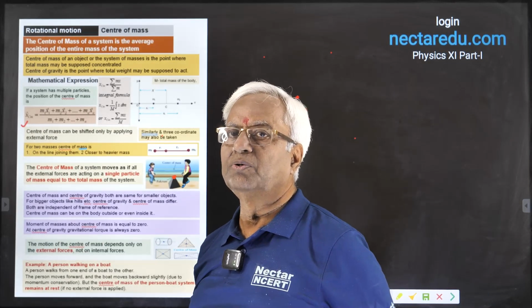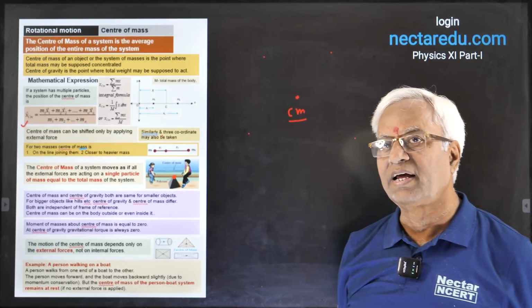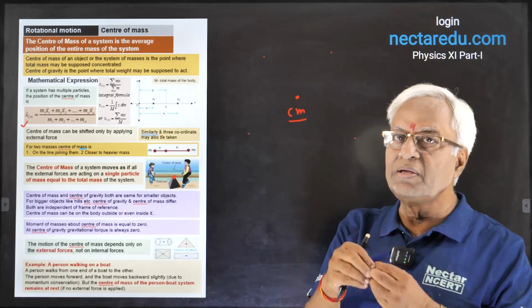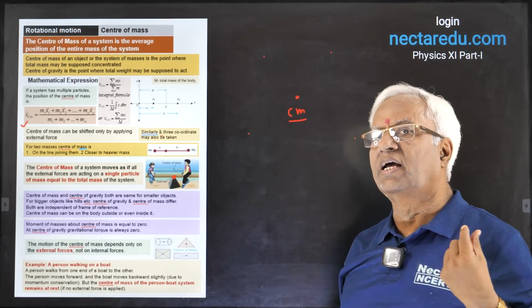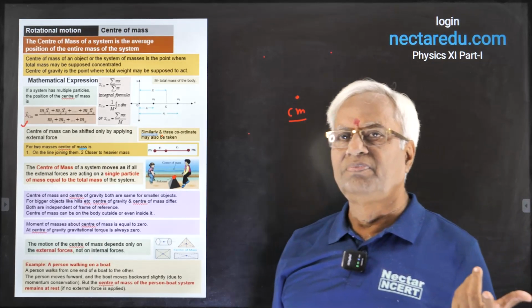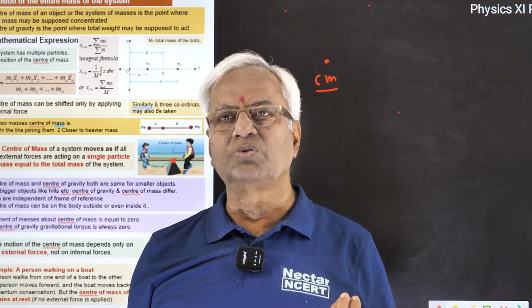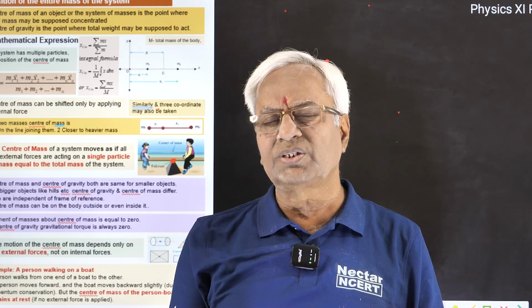Here we have used two terms, center of mass and center of gravity. Both the terms are same if the object is of a smaller size. In our lab, in our daily discussion, normally we use things that are of a smaller size, and CM, CG will coincide.